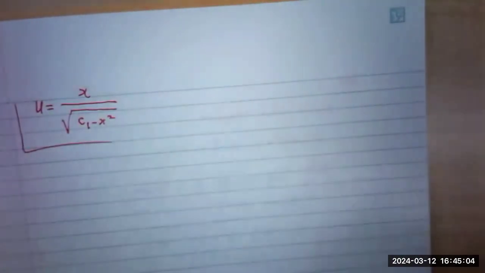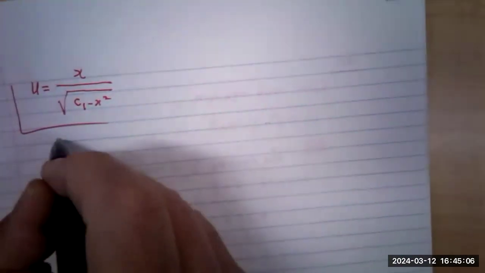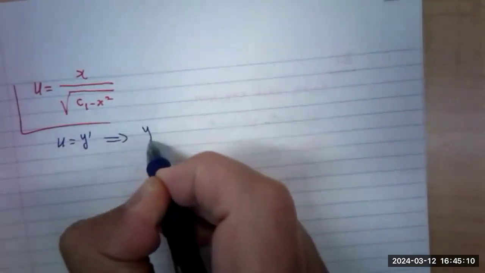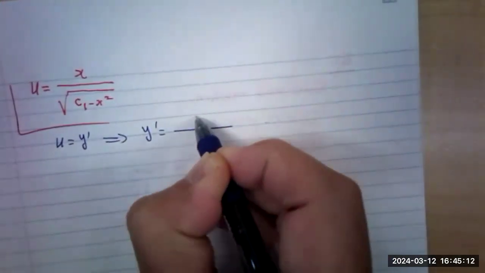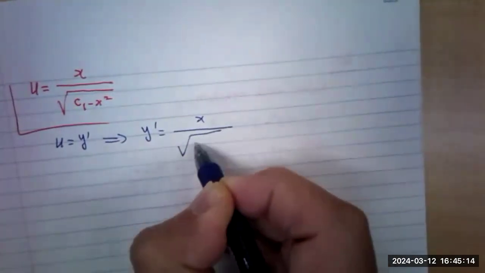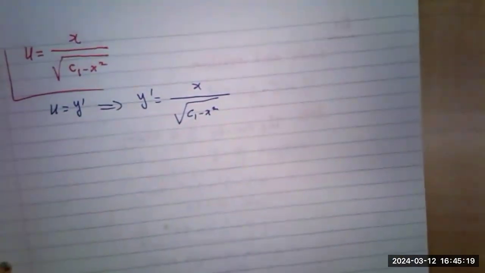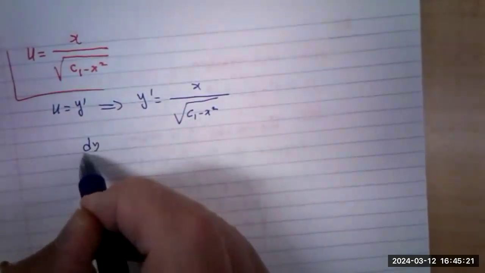This is the u, but the next step, u is y prime. So now y prime would be x over the square root of c1 minus x squared. You change the y prime into dy dx and you continue.